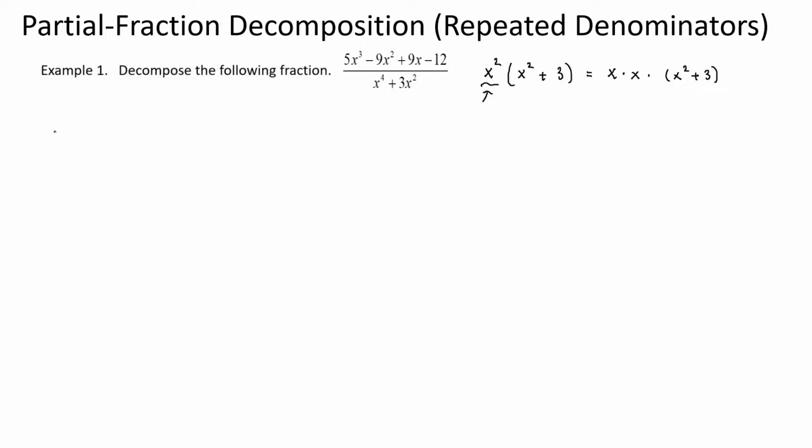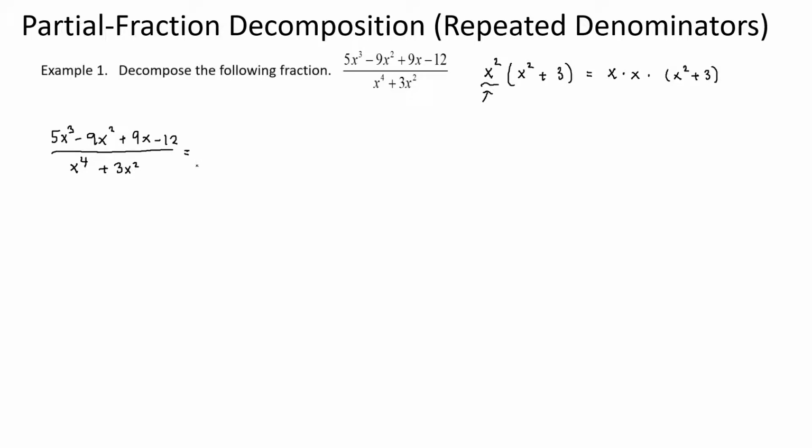So let's start with writing the original equation: 5x to the third minus 9x squared plus 9x minus 12 over x to the fourth plus 3x squared. So there should be one fraction per every factor.